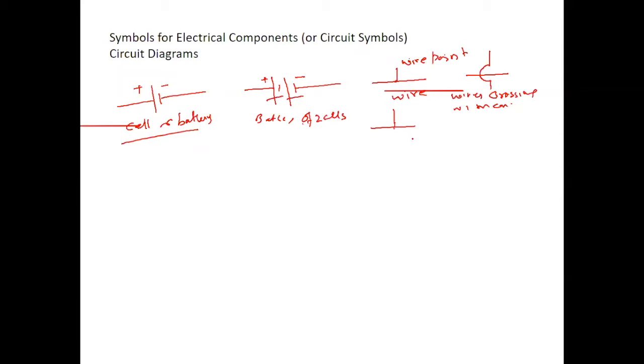But if we say like this, that means these two wires are not connected. So it's going from up of this wire. So this is an insulator and these wires are not connected. Then, if like this, these symbols denote the resistance.